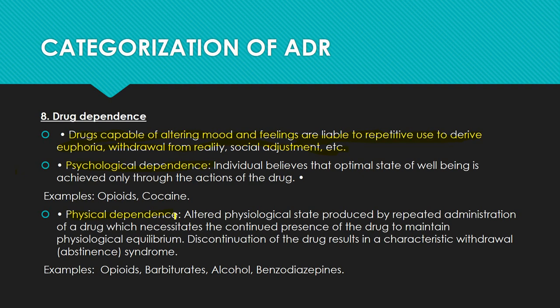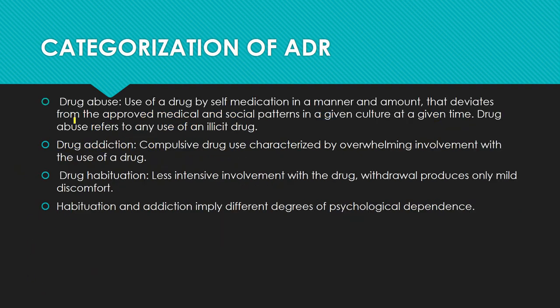Next I said physical dependence. And then it is drug abuse. Now this drug abuse is also a broader aspect. It includes drug abuse, drug addiction, drug habituation, and habituation addiction imply.